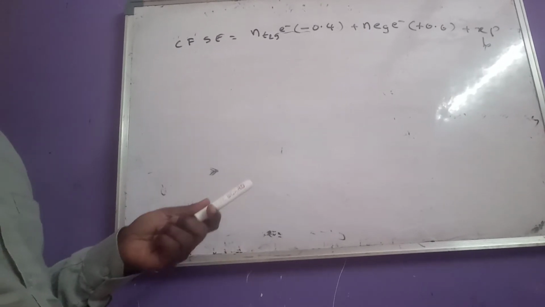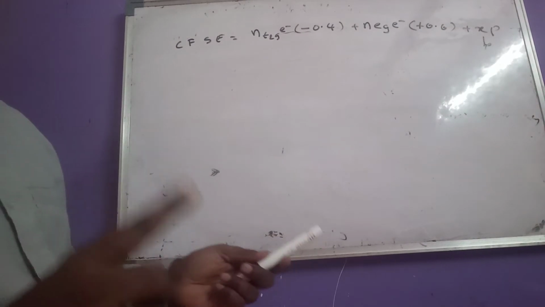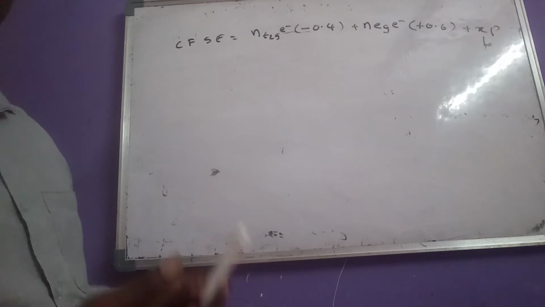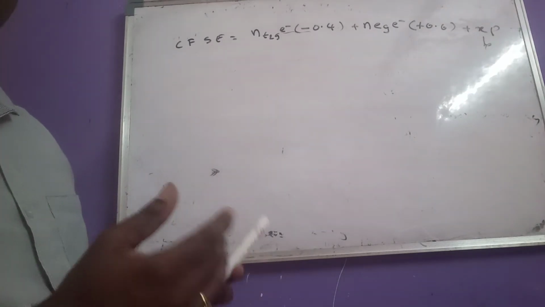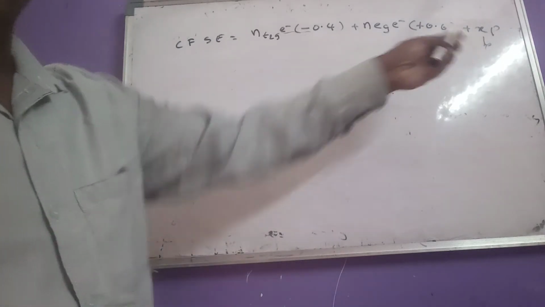How many pairs are formed, that number we have to write here. If one pair is formed while filling the orbitals, we write 1p. If two pairs are formed, we write 2p.